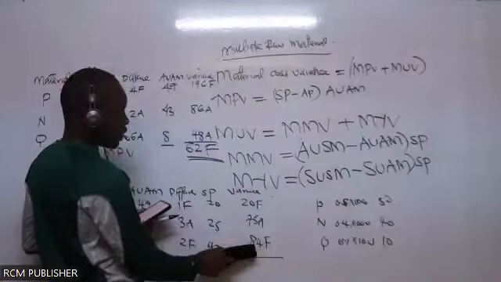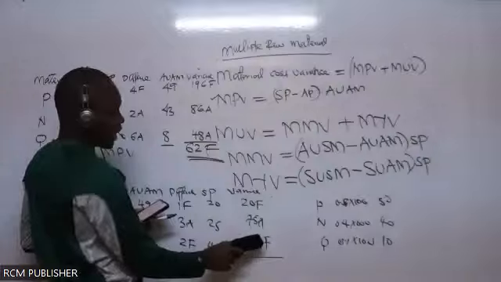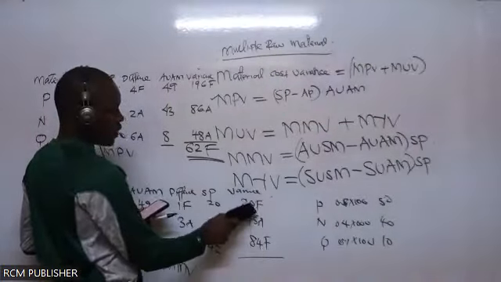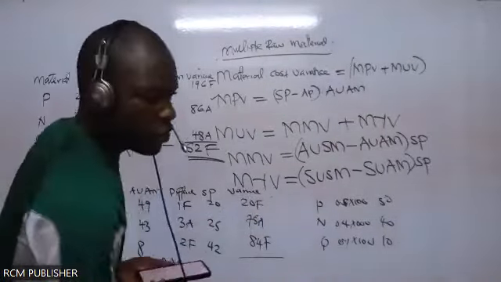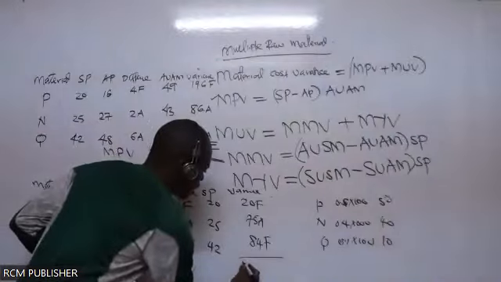Negative 75 to 84, that's going to be around 10. If I add to 20, it should be 29 favorable. 29.